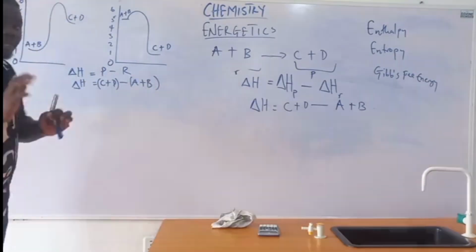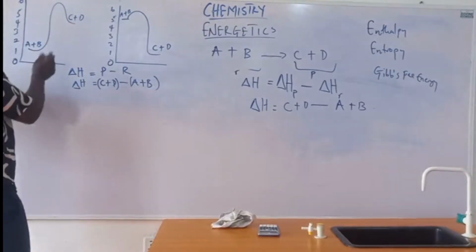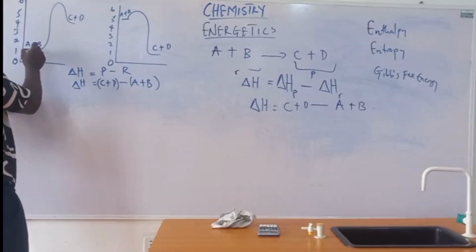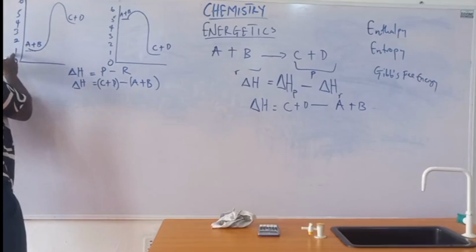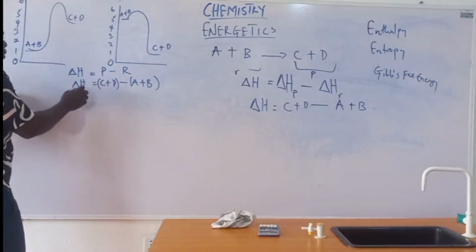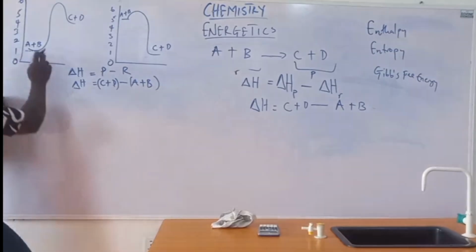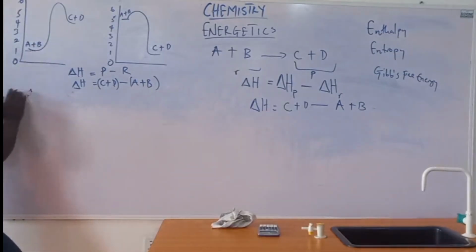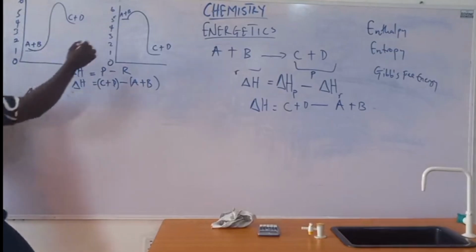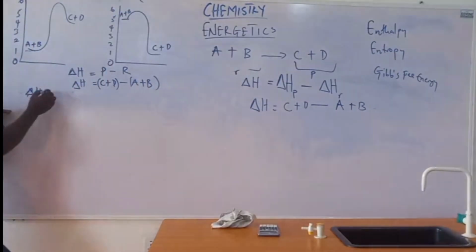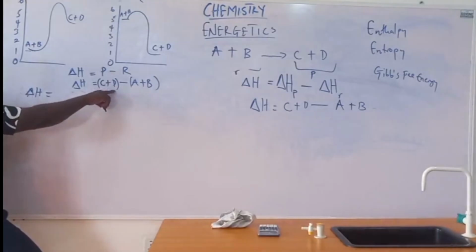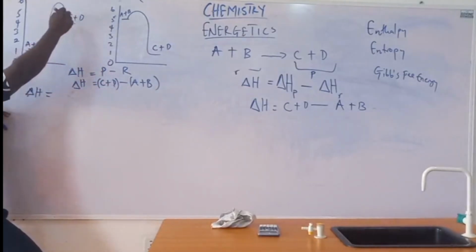Now, let's calculate for the first diagram. The product is C plus D, so let's take the value for the product first.